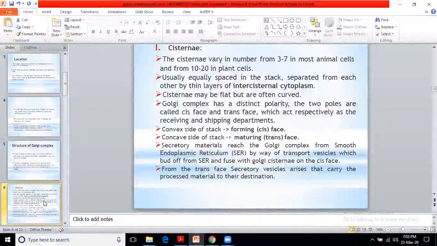The cisternae of the Golgi apparatus are about 1 micrometer in diameter. They are flattened plate-like or saucer-like closed components which are held in parallel bundles or stacks, one above the other.